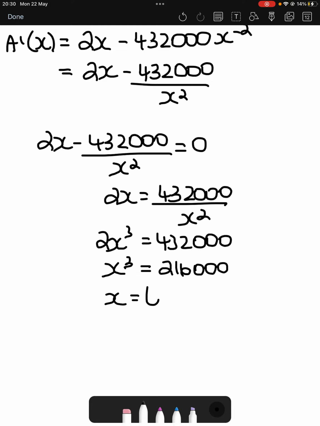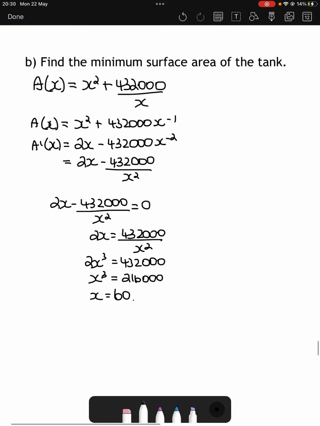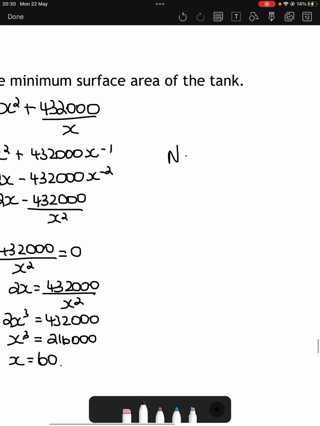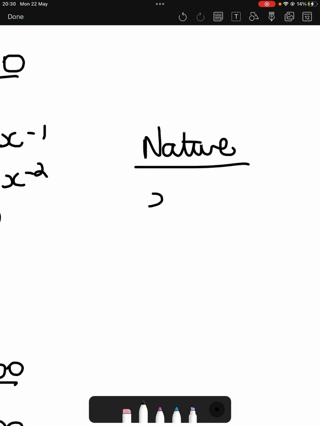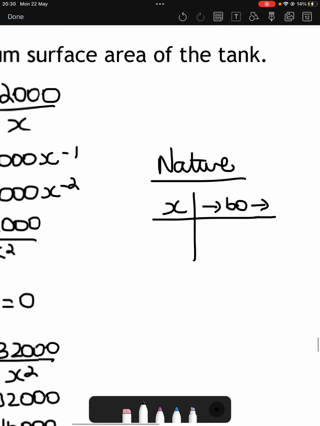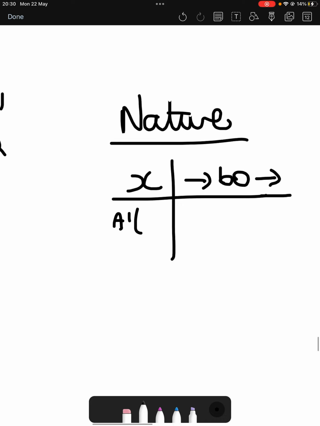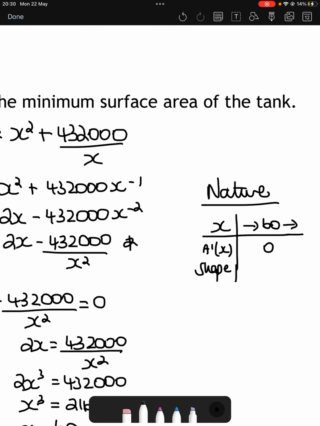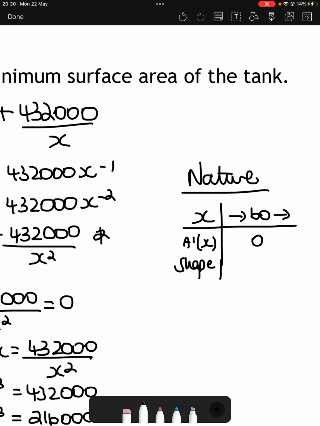And we get 60. Okay, we need to prove it's a minimum. We're dealing with A dash of x. Zero, right, where is my A dash of x? It is there. I'm going to sub in my numbers. I mean, you can sub in 59 and 61.